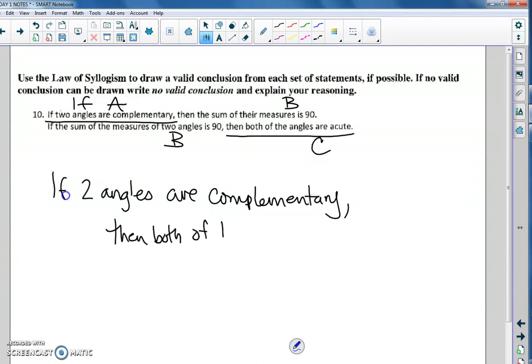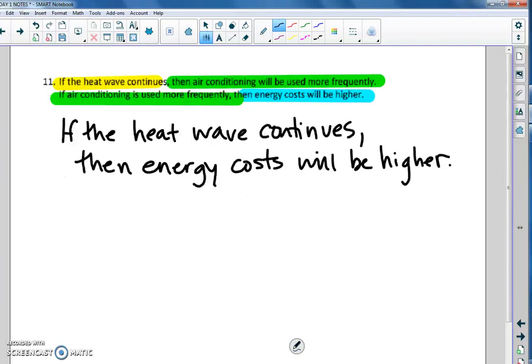They're both the angles are acute. The syllogism is always taking one or two or three, you can have four statements. But the very beginning hypothesis connects to the very end conclusion. So I want to connect the beginning to the end.